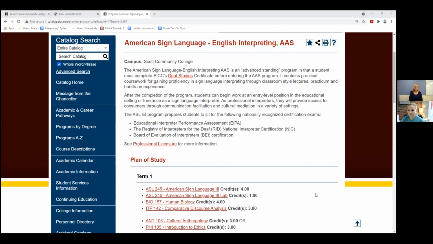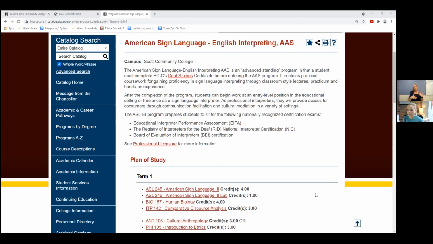Yes, please reach out. I know that people come at interpreting from many different levels of understanding about the deaf community and about interpreting. One of the most common questions I get from people inquiring about this program is, sometimes you have a degree in another field or you've taken classes.